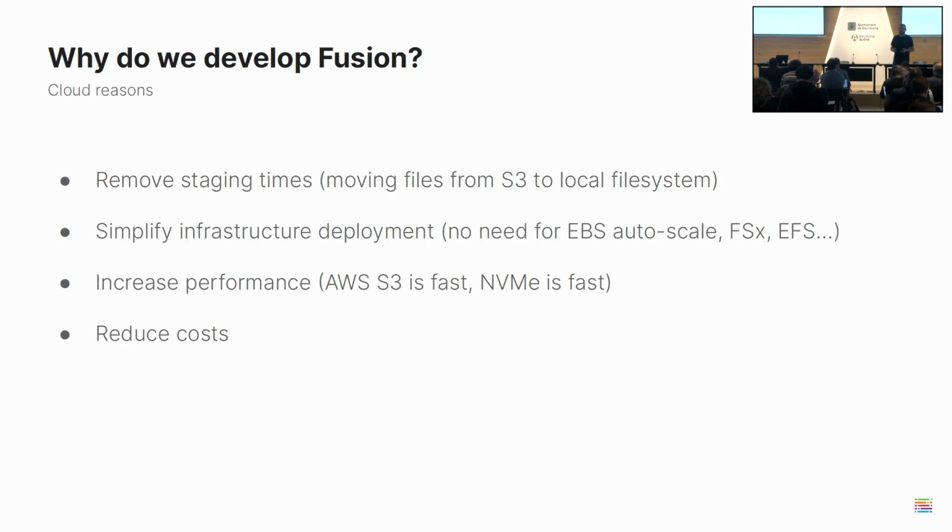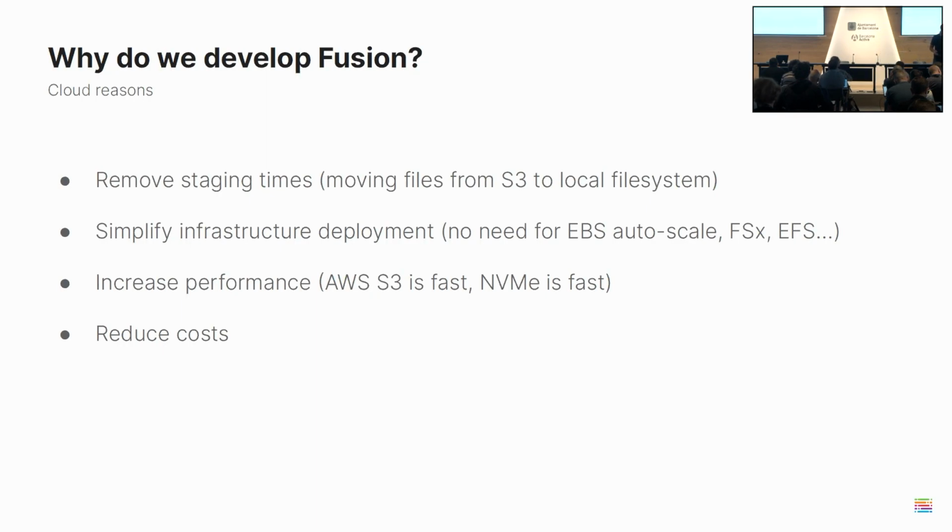So either you allocate a very big disk, as is the case when you use the FSx Lustre file system as an ephemeral file system, where you allocate more than what you need. Or, as we do with EBS, we need to auto-scale. We have auto-scaling that grows the volume as soon as we detect that more space is needed locally.